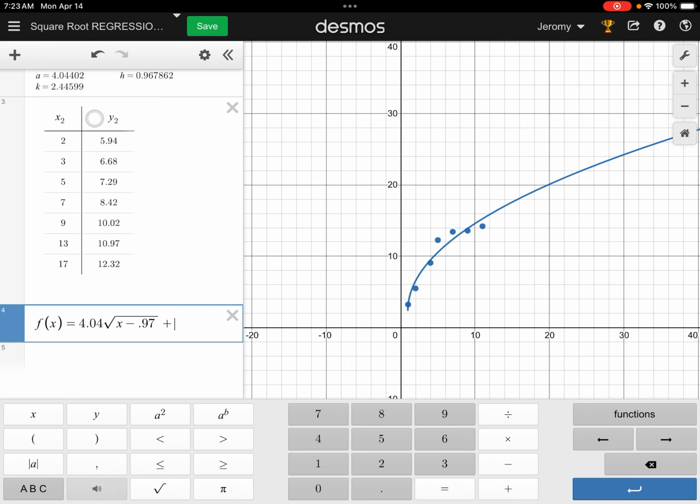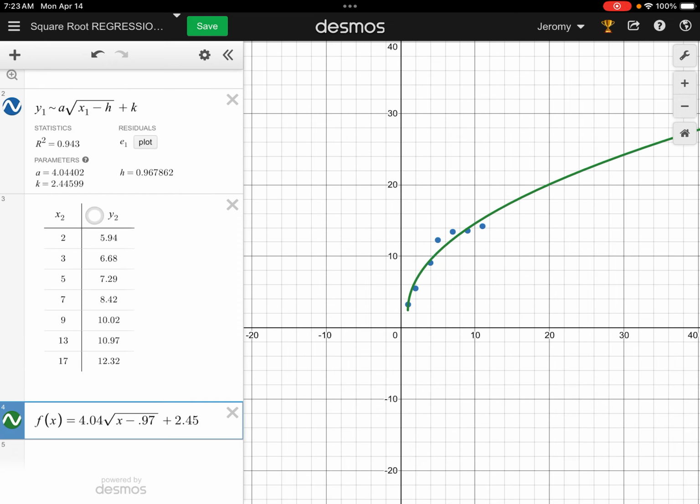Plus 2.45. And there you go. You see how the green and blue equations are very similar. That means we have written an equation for the table of data that best fits. If you look here, the r squared value is 0.943. It's close to 1. We'd like it a little bit closer, but we'll say that's a pretty good fit.